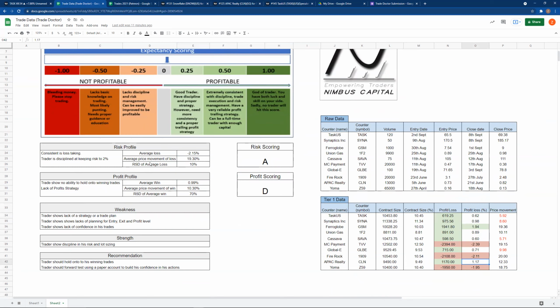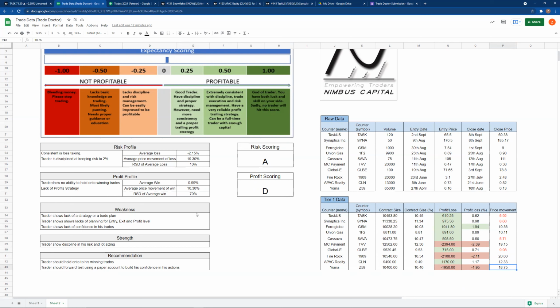The average price movement of loss is about 19.3%, meaning on trades where he takes a loss, the stock moved down by an average of 19%. MC Payment moved down by 19%, Fire Rock moved down by 20%, Yoma moved down by 18.75%. So what you can see here is very consistent.